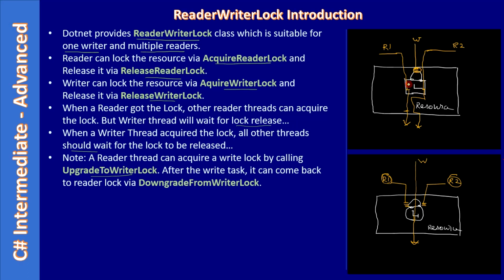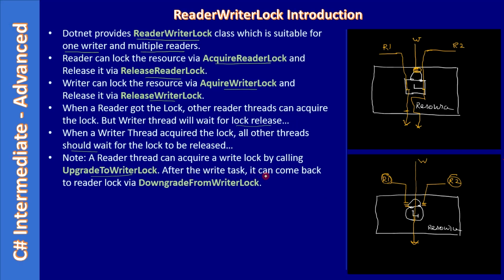But if a reader thread is doing some task and meets a certain condition, and wants to lock the resource for other readers also, then it can make use of upgrade to writer lock. That means the reader lock will get upgraded to a writer lock.